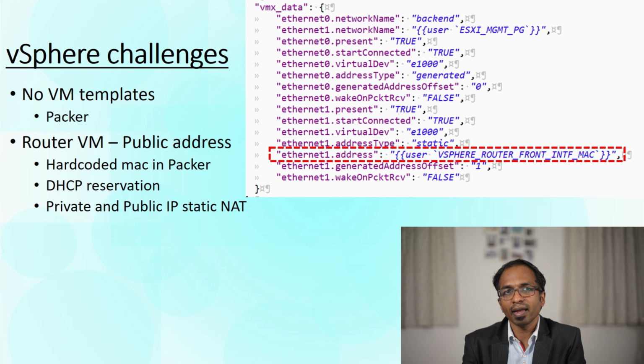And also my internet router, my internet gateway, has a static NAT configuration for this particular private IP address of the router virtual machine. So the router virtual machine will use the same IP address to talk to the internet.